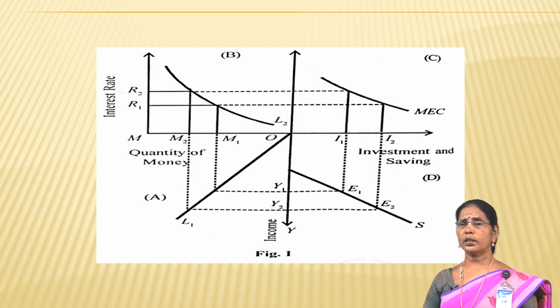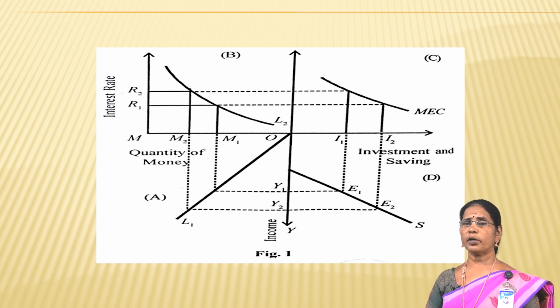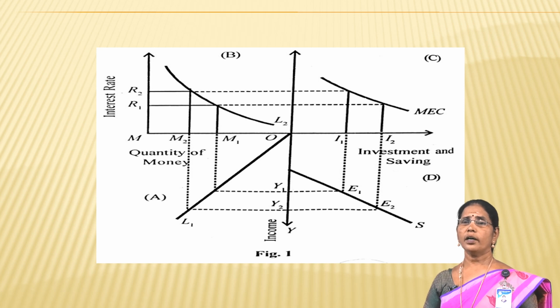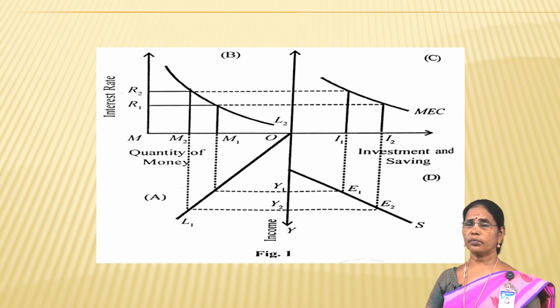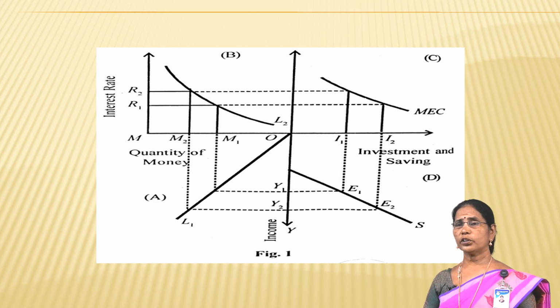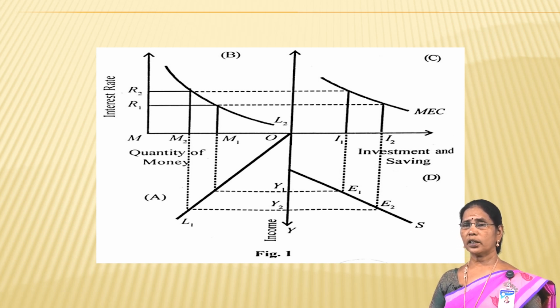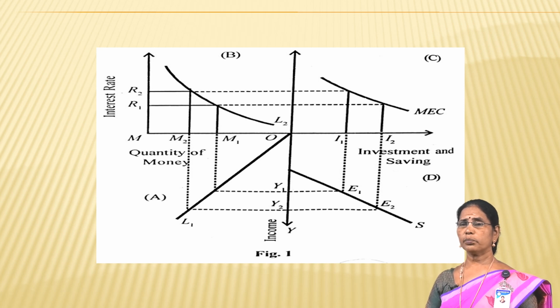Here we have to take four different levels of diagrams, extended from A to D. Figure A represents income and quantity of money, and B is extended from A, that is interest rate and quantity of money. Then figure C is extended from B, it measures the marginal efficiency of capital. Then diagram D is extended from C, it includes investment and saving, also income.